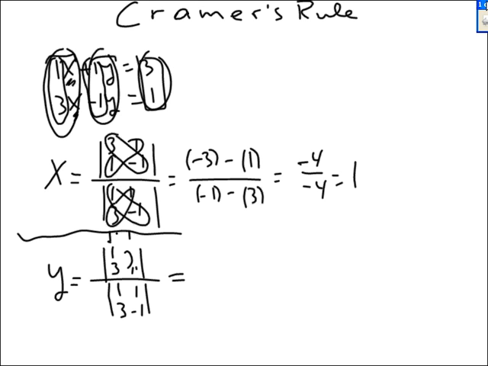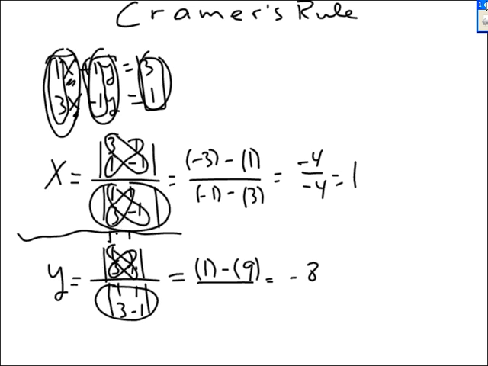What is y equal? These two numbers multiply out to 1, minus these two numbers multiply out to 9. 1 minus 9 happens to be negative 8. Now, the denominators don't change, so I already know it's negative 4.